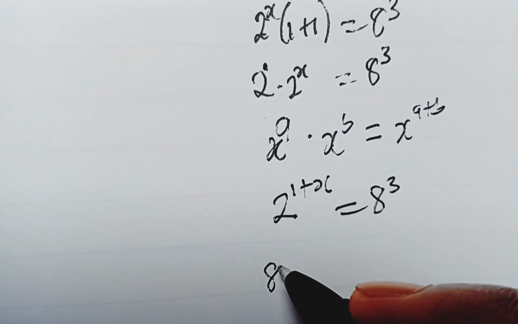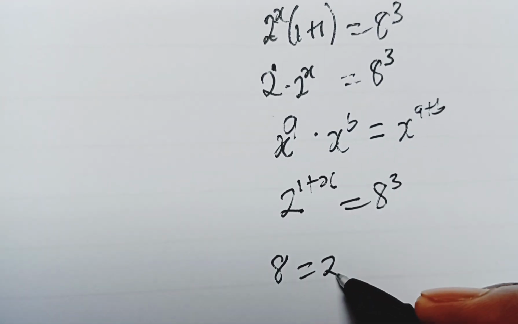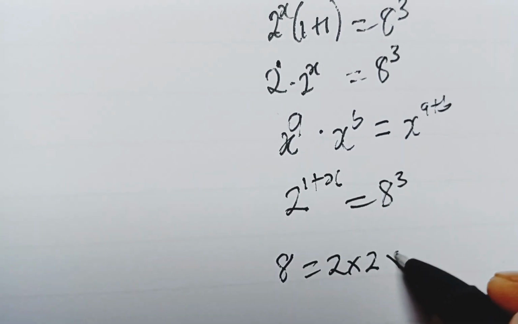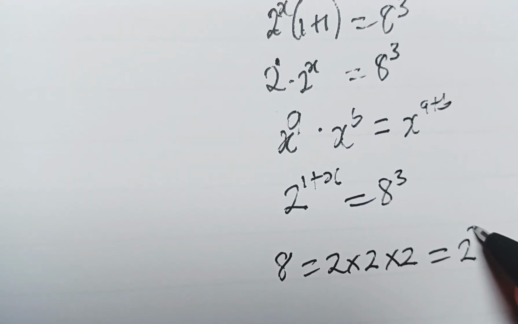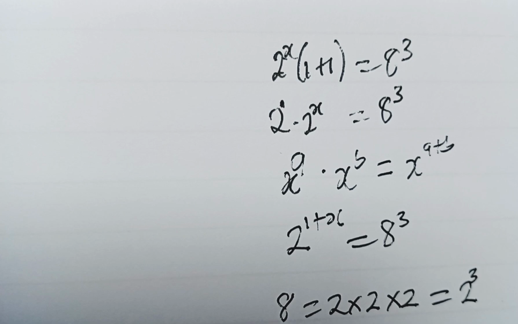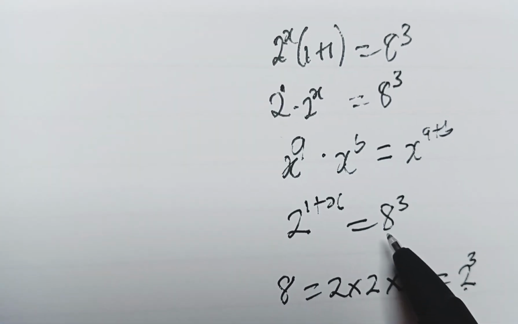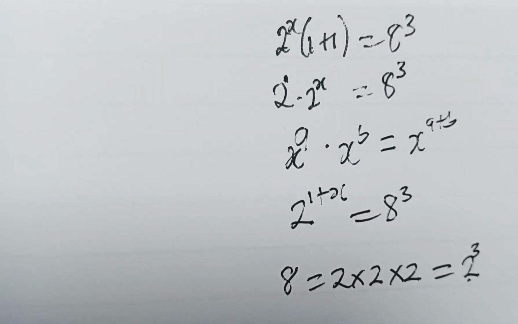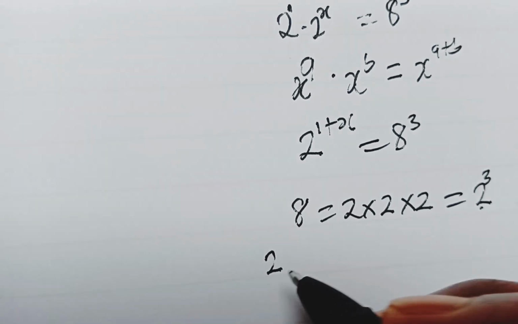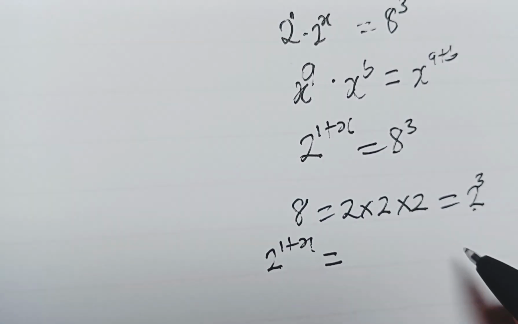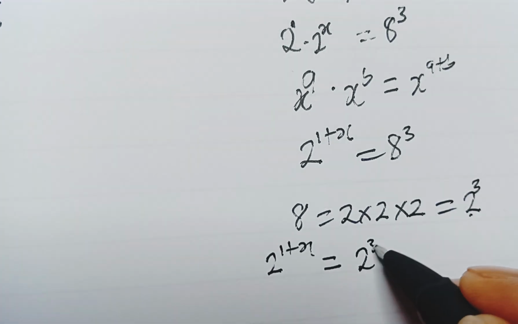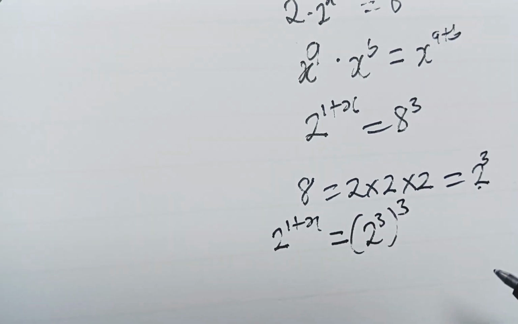Alright, and we also know that 8 is equal to 2 times 2, 4 times 2, 8, which is equal to 2 to the power of 3. So if we substitute this into this 8 to the power 3, we would have 2 to the power 1 plus x is equal to 2 to the power of 3 times 3.